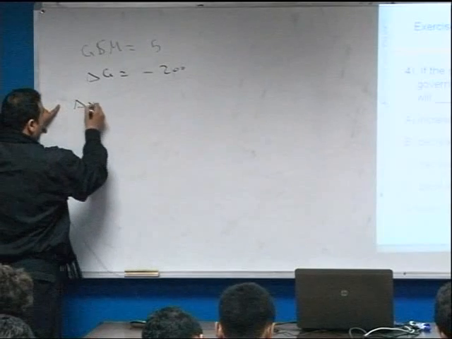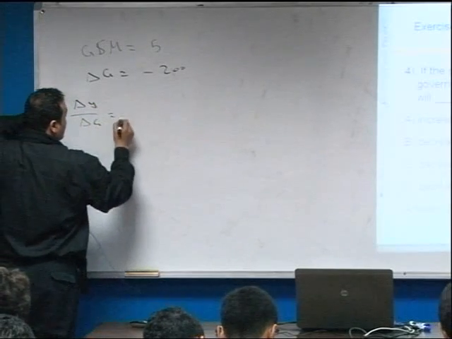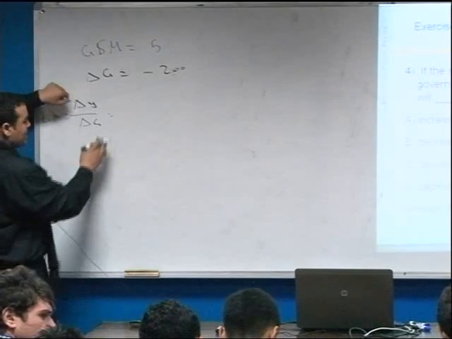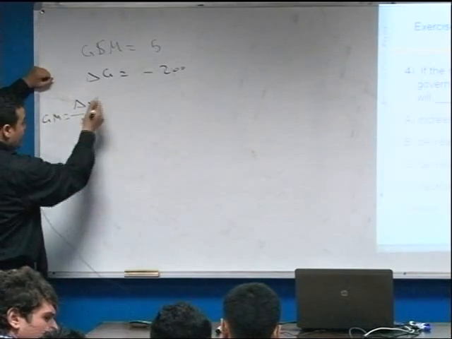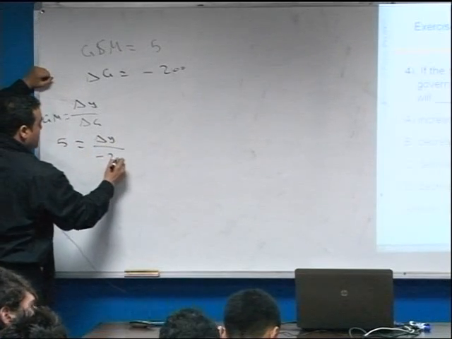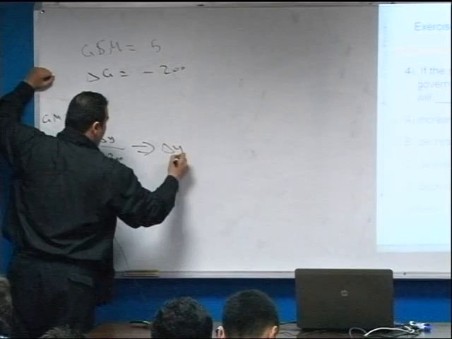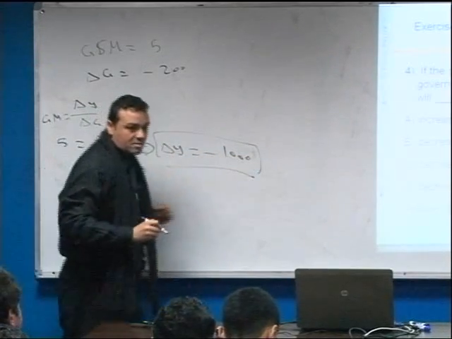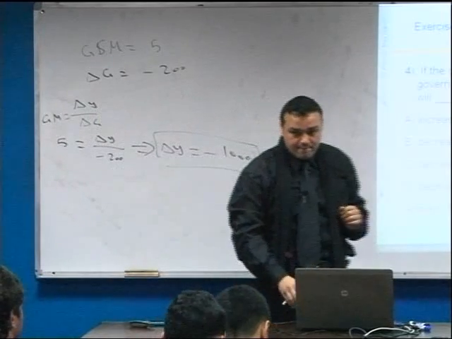The government spending multiplier equals delta Y over delta G, so 5 equals delta Y over minus 200. So delta Y equals a decrease of $1,000 million or billion dollars, right?